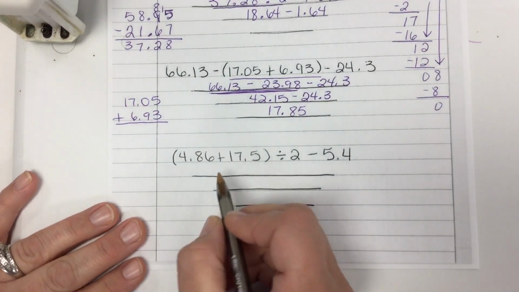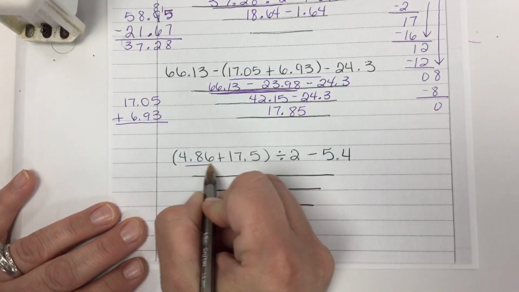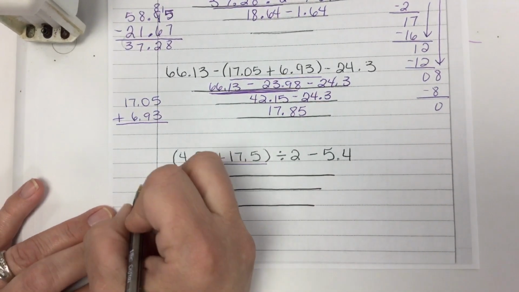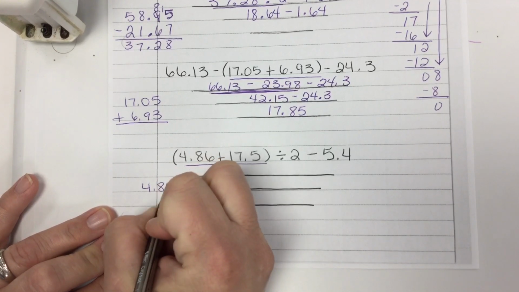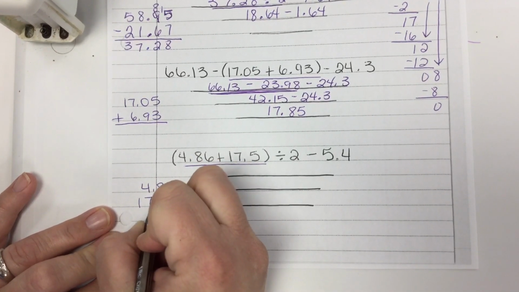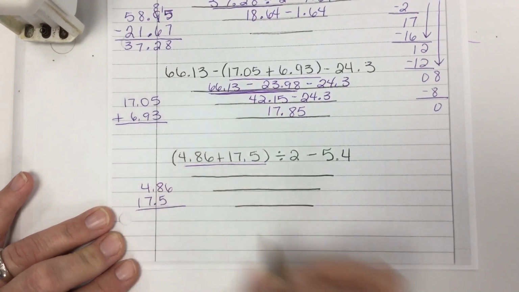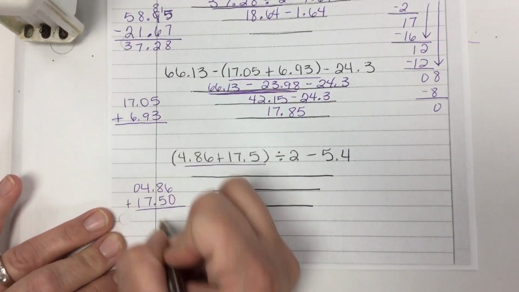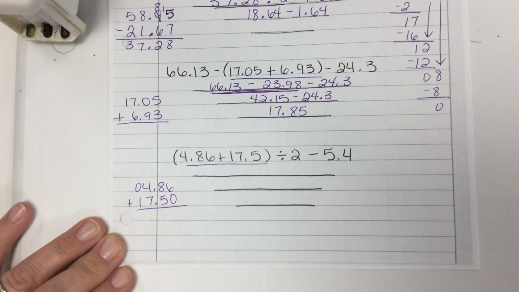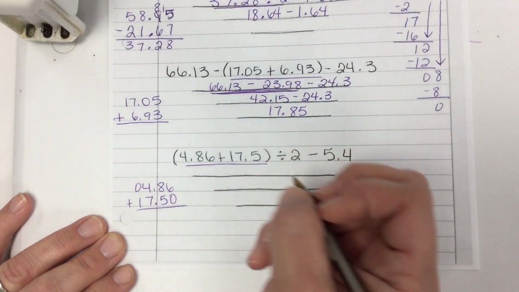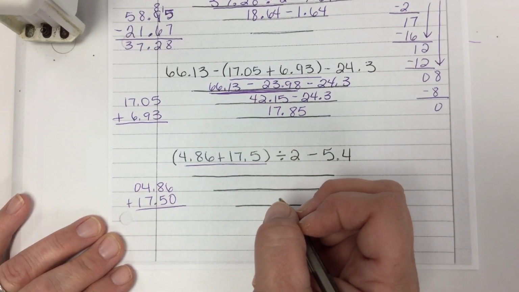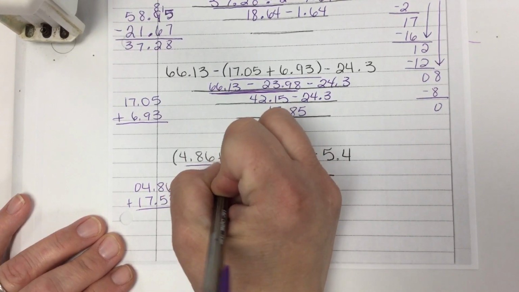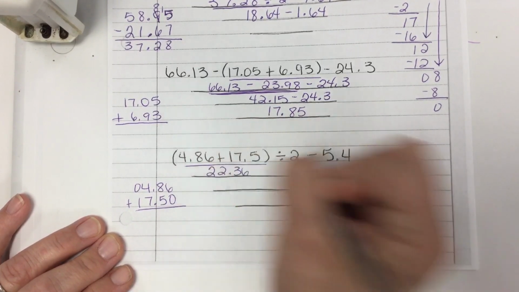Okay, last problem. Order of operations says parentheses first, so solve 4 and 86/100 plus 17 and 5/10. It doesn't matter which one goes on top, so we can fill in all the holes because it's an addition problem. When you add that up, you get 22 and 36/100.